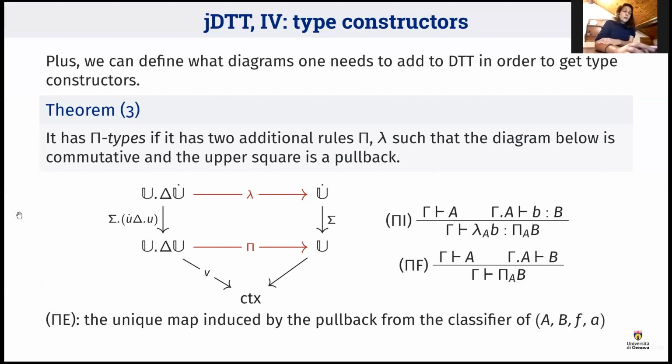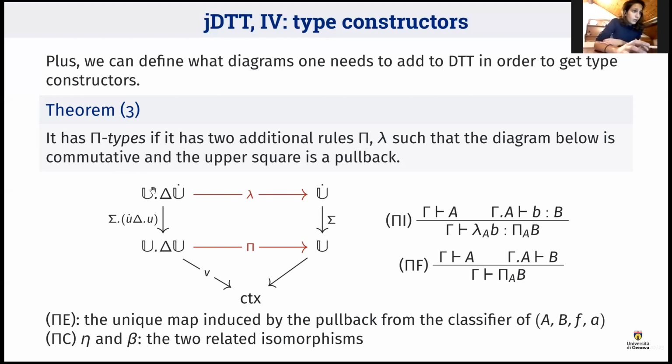The elimination part comes from the unique map induced by the pullback from the classifier. So you just need to know that when this is a pullback, actually a weak pullback, there's a unique map going here that does what we wish to do. And this is the elimination rule, and eta and beta computation are the two related isomorphisms.